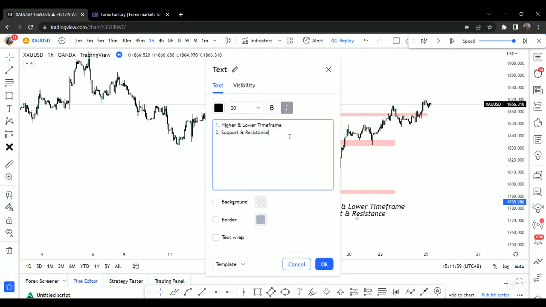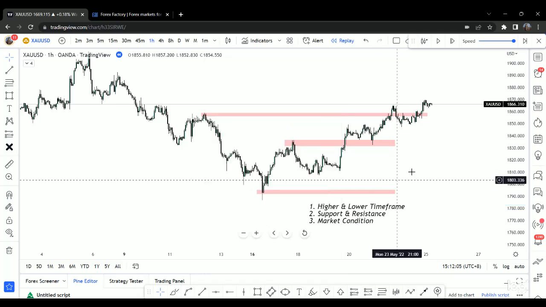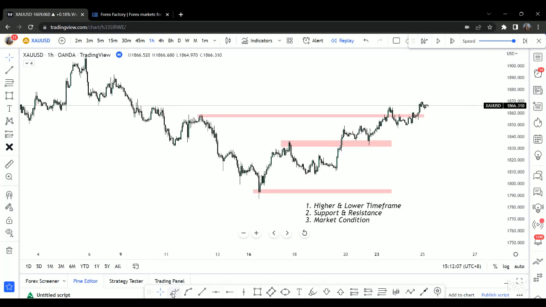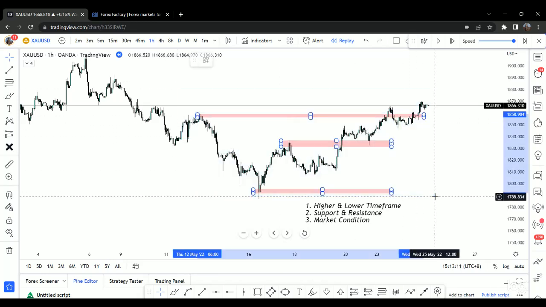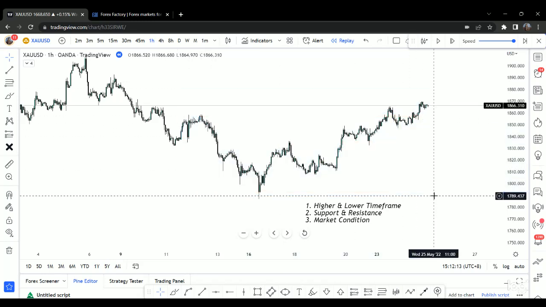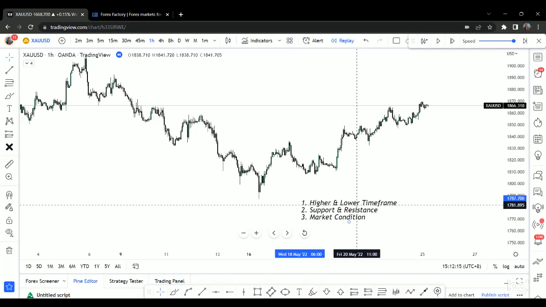The last point is market condition. Market condition pretty much contributes a big part in whether you are able to identify real market structure or not.